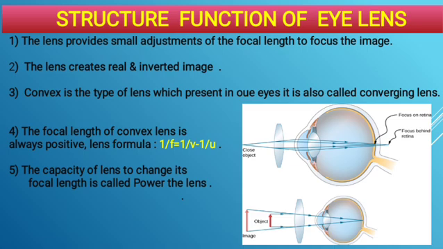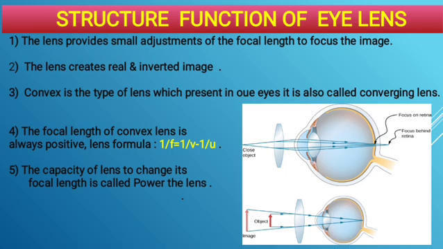So till here we are able to understand how the lenses play their important role in the eyes, due to which we are able to view images or any objects surrounding us. Let's have one quick revision of what we have learned in these slides. We have learned the types of lenses.